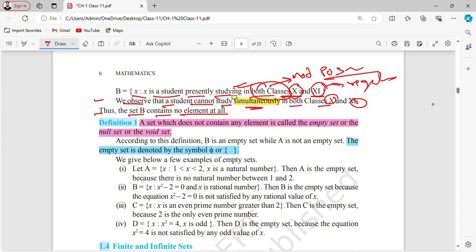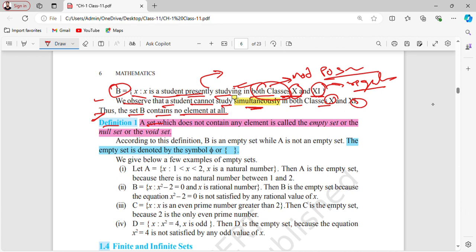So set B does not contain any element. That will be the empty set. That is an example of an empty set. Let's understand by the definition.